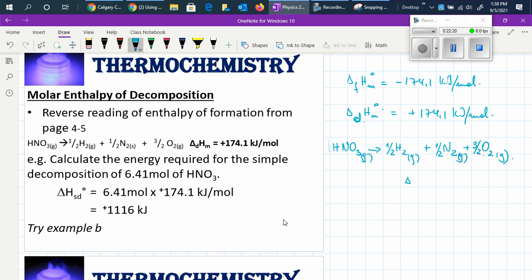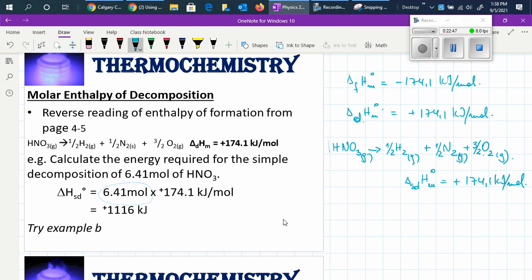So now for 1 mole, we will have a simple decomposition, molar enthalpy change of positive 174.1 kilojoules per mole. If we are looking for a different number of moles, then we will multiply 174.1 by whatever the number of moles we are looking for.